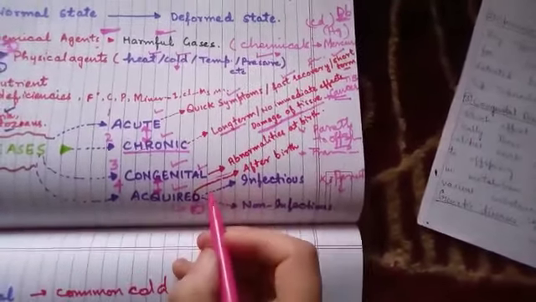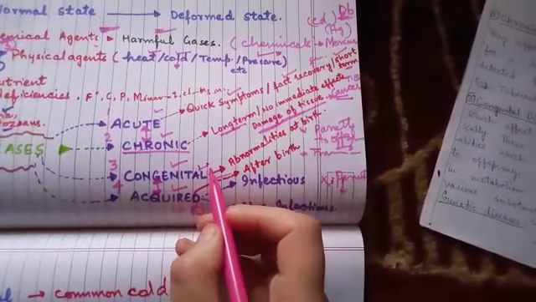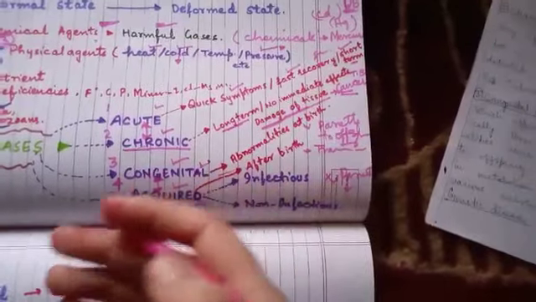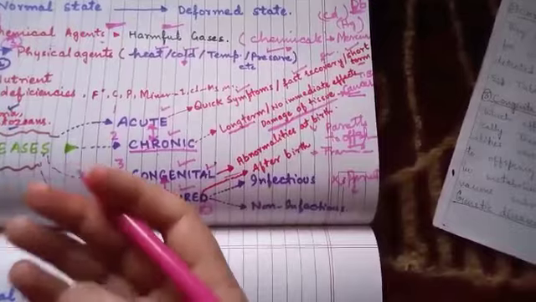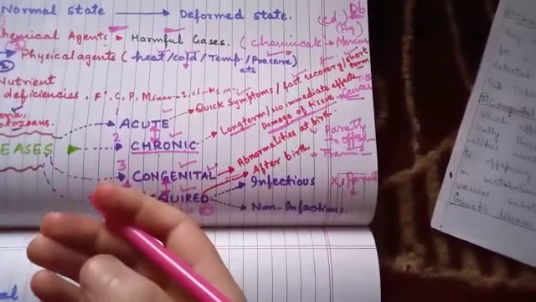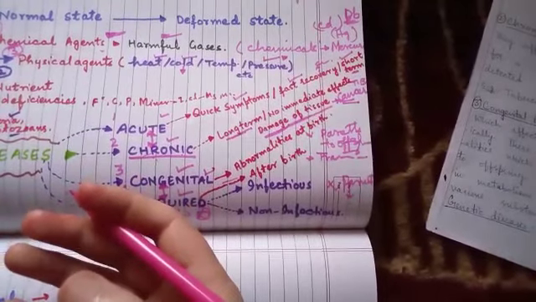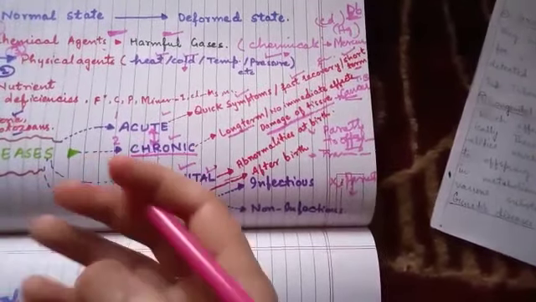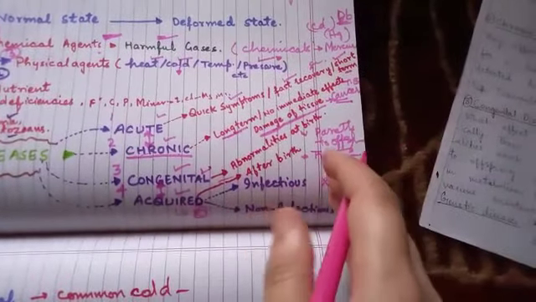For example, we can take the example of Down syndrome, a congenital disease where a woman gives birth to a deformed child. He has mental retardation, he has deformities in other tissues of the body, he has a deformed body in general, and that is passed.